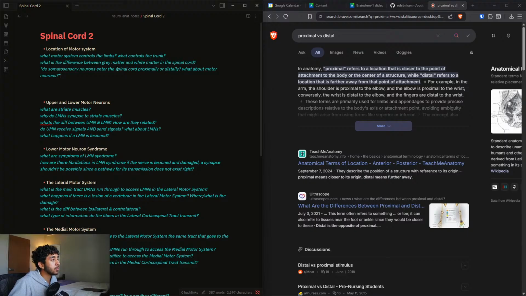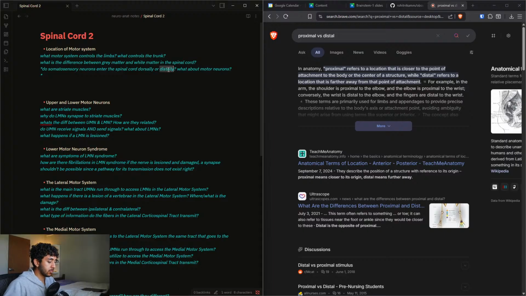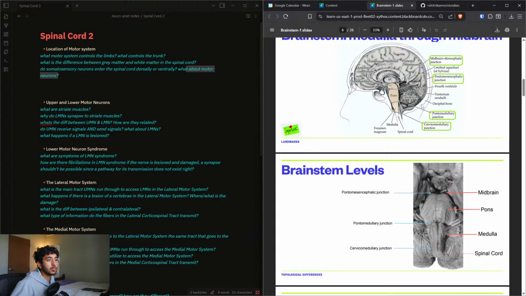I think the better terminology would be dorsally or ventrally. So somatosensory neurons enter dorsally, motor neurons enter ventrally. I think dorsally is right.